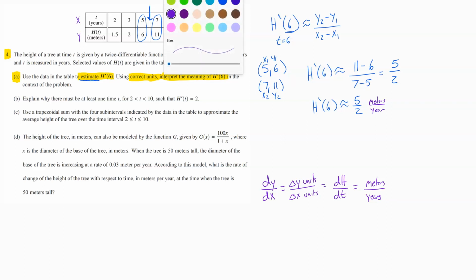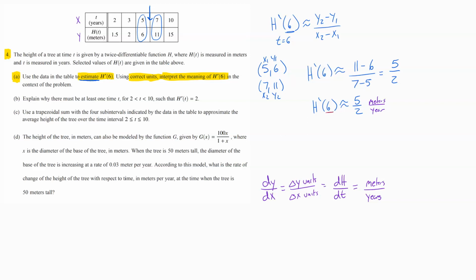Then to interpret the meaning, what you would do is you would start up at the top and you would say at time t equals 6 years, whatever that meaning of that variable is, the height of the tree, that's what the h is, that's what we're talking about here, is, and then as you come through, you need to tell them whether it's increasing or decreasing. If we have a positive derivative, remember that that tells us that it is increasing.